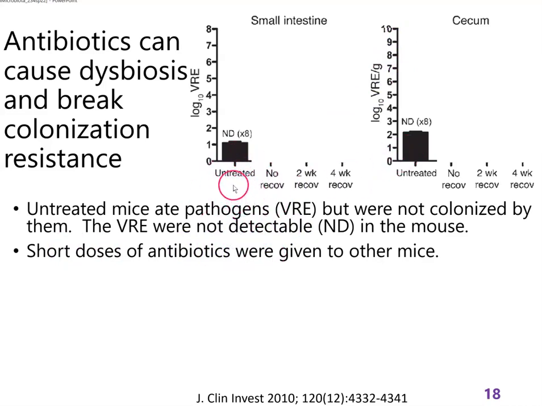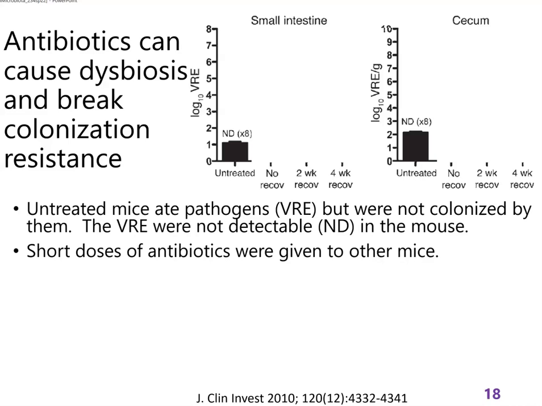Other mice, they gave antibiotics to see, okay, if we disrupt their bacterial community with antibiotics, what's going to happen? So pause the video and think about, right after antibiotics were given, how many of these pathogens would you expect to find if they were fed to the mice after the antibiotics? So the mice eat the antibiotics, and then they eat the pathogen.